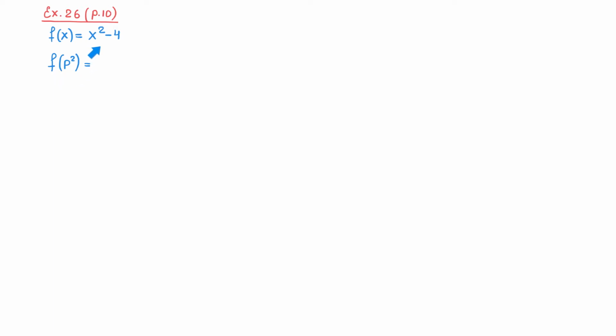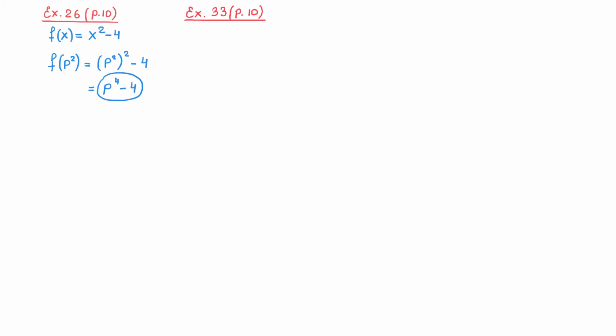That means that in this function we have to replace this x with p squared. So in place of x we will write p squared, and all this we will square, and then minus 4. All this equals p to the power of 4 minus 4. In this case, these two exponents are multiplied and we get the exponent 4.